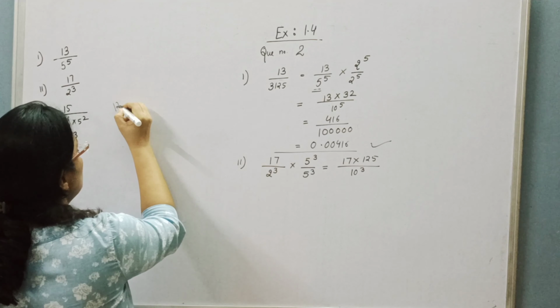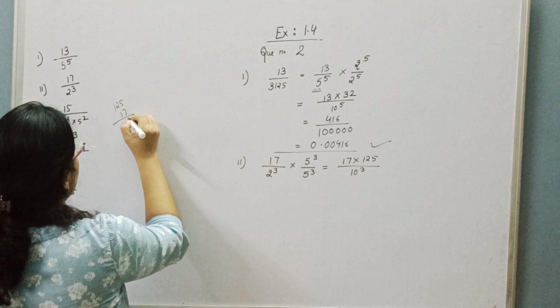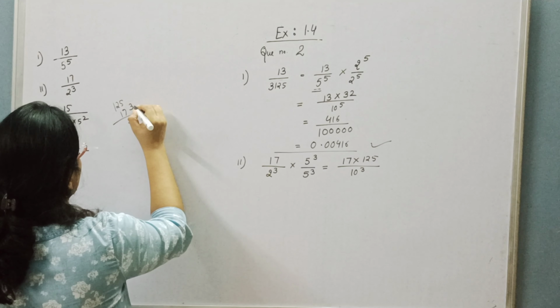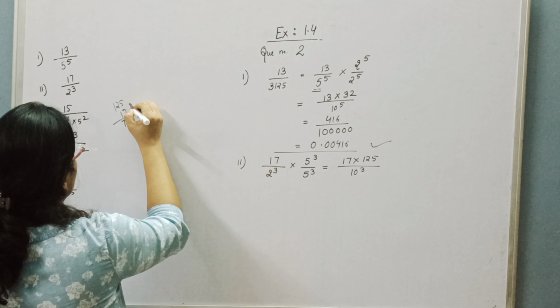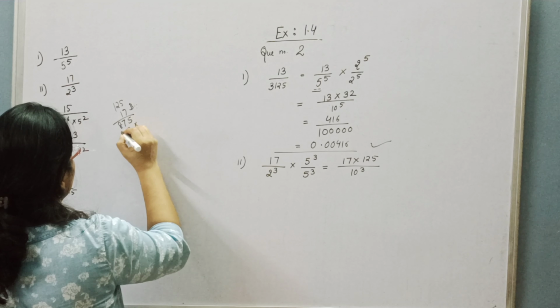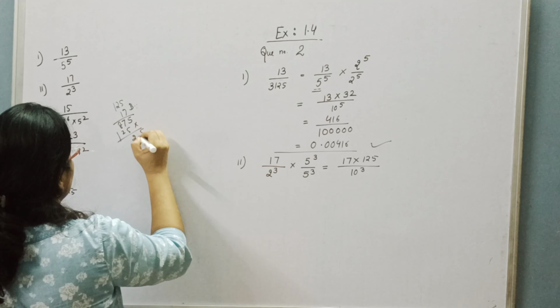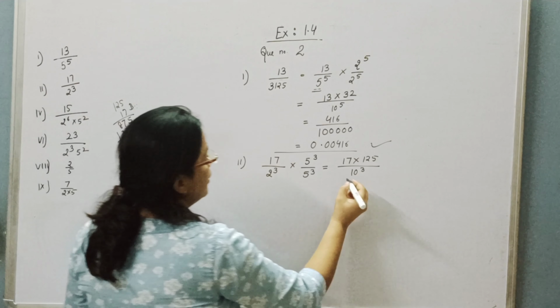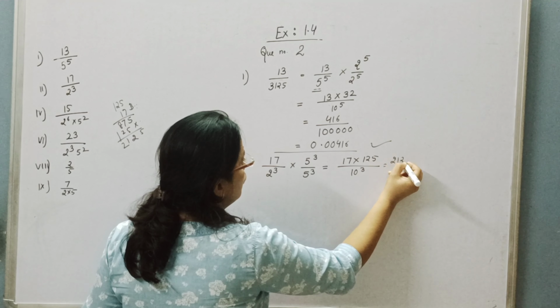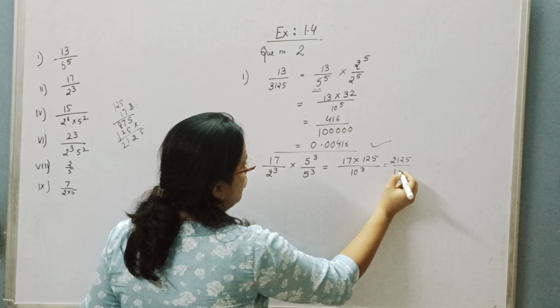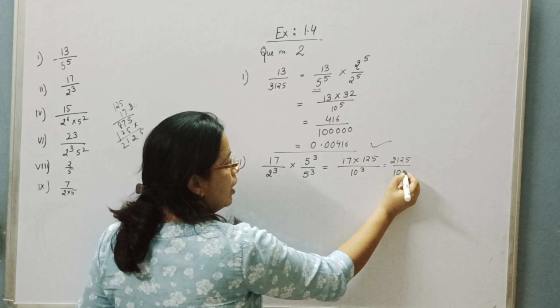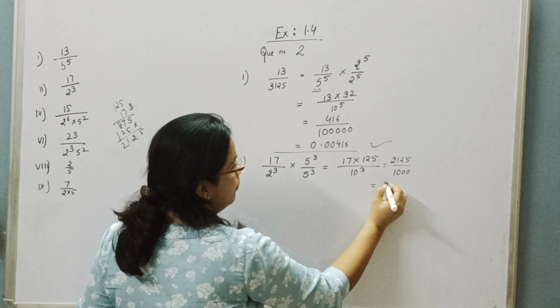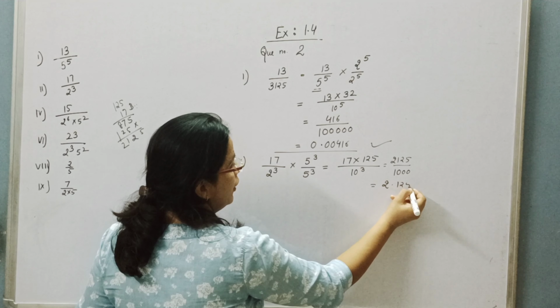Now multiply 125 by 17. That is 2125, and there are 3 zeros, so the answer would be 2.125.